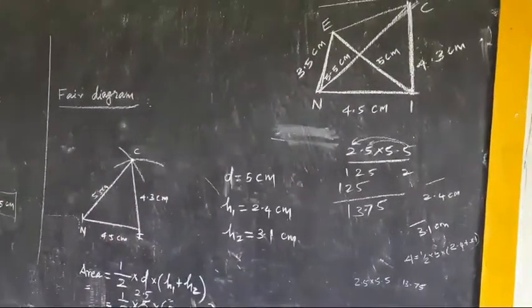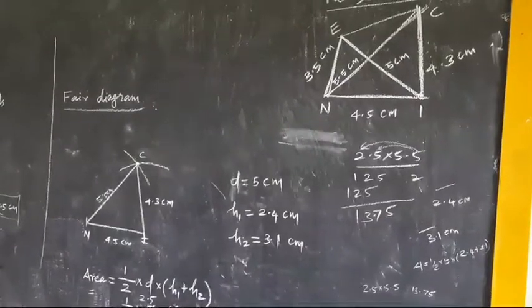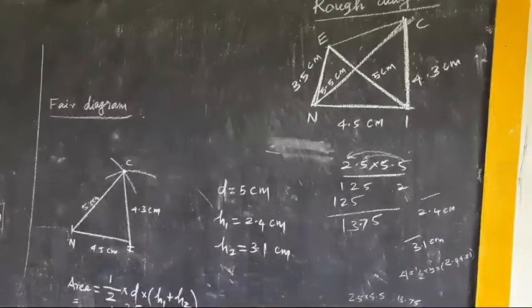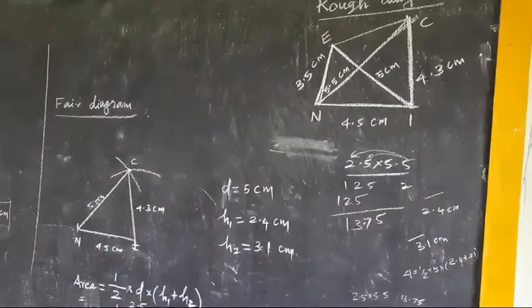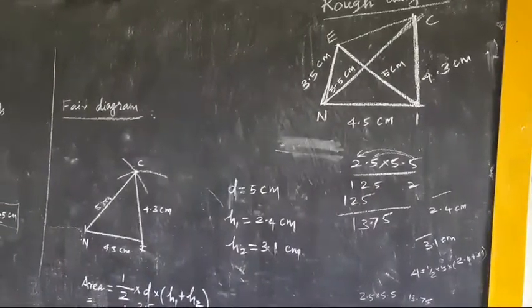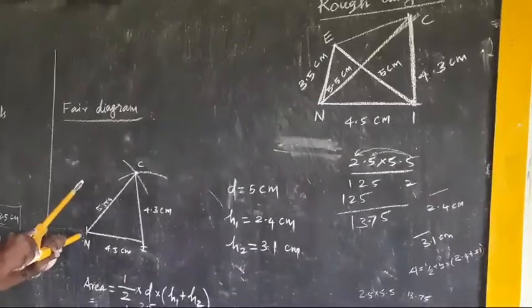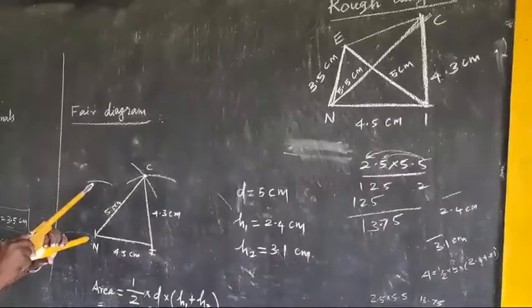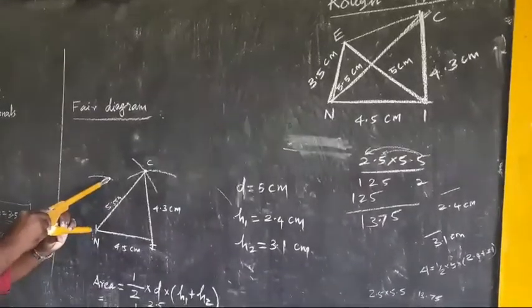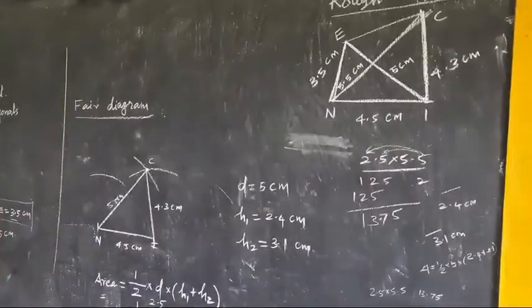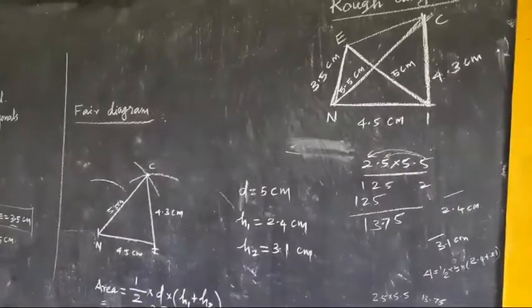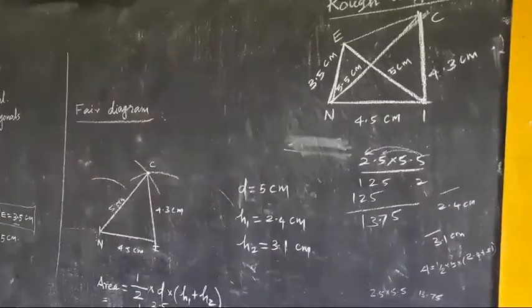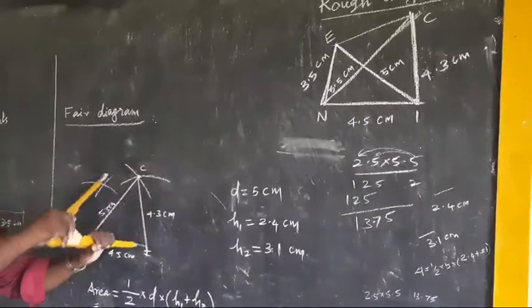Next I draw the side NE, 3.5 centimeter. Next, IE is 5 centimeter.